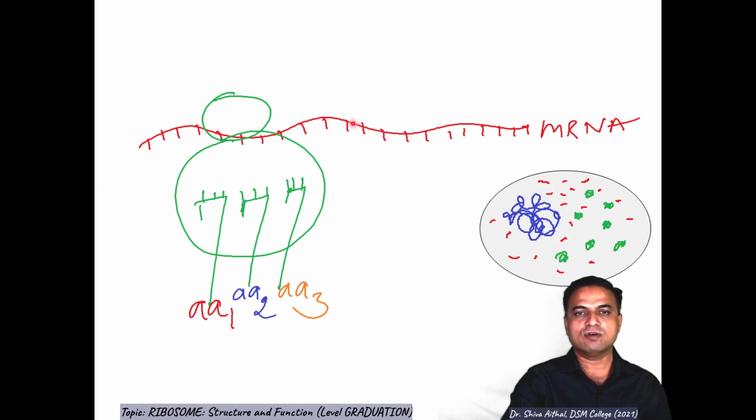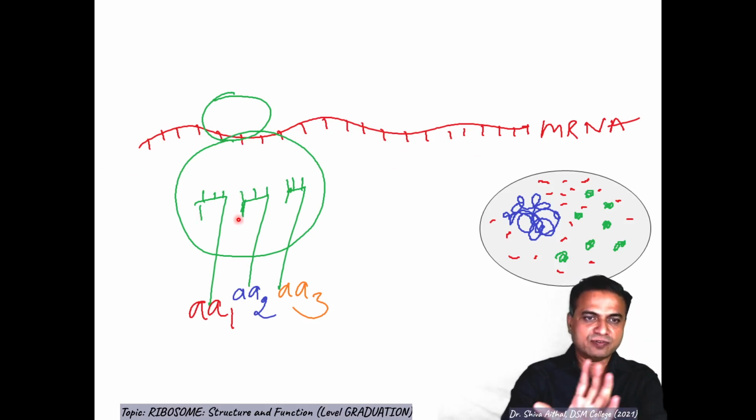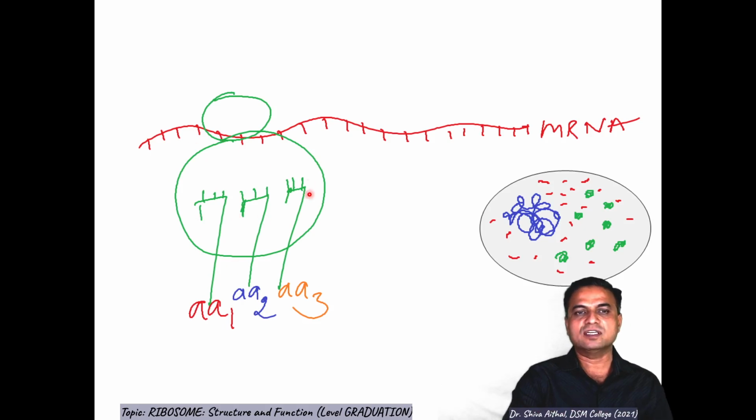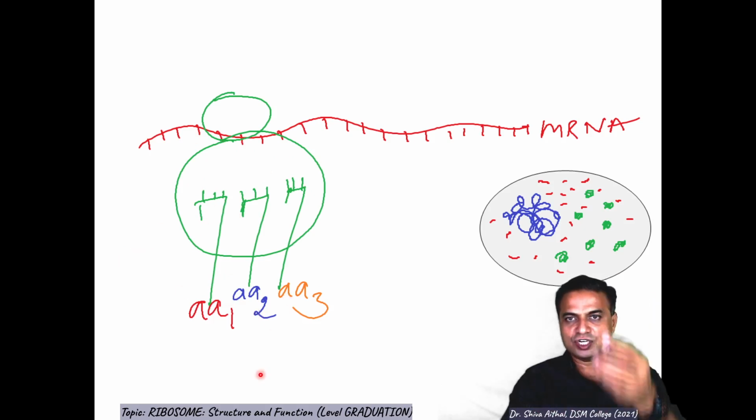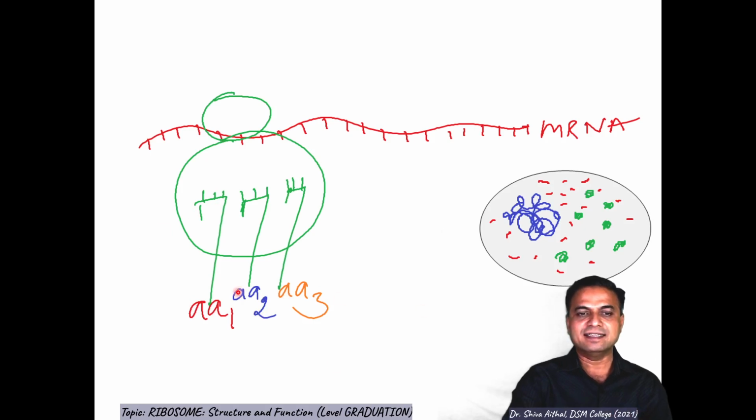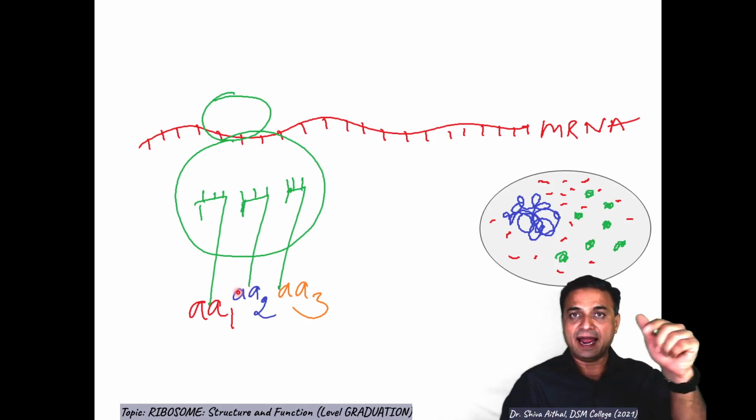Whatever the sequence of nucleotides present on the mRNA, in the similar fashion, two at a time, one at a time, there is space for three amino acids on the 50S subunit. Once the tRNA goes out here, it will leave this amino acid and you will have a chain of amino acids, and this peptide bond formation also takes place at the ribosomes.